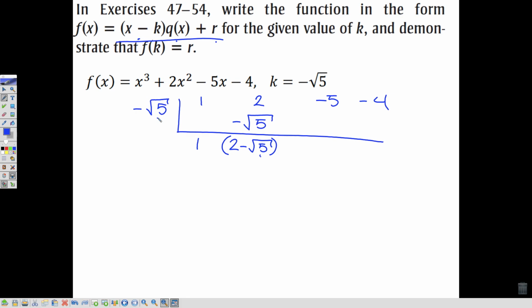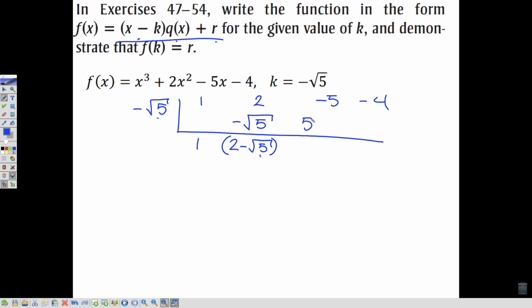Well, they're both negative, so negative and negative is a positive. The square root of 5 times the square root of 5 is the square root of 25, which is 5. Square root is what you times by itself. So the answer is 5.